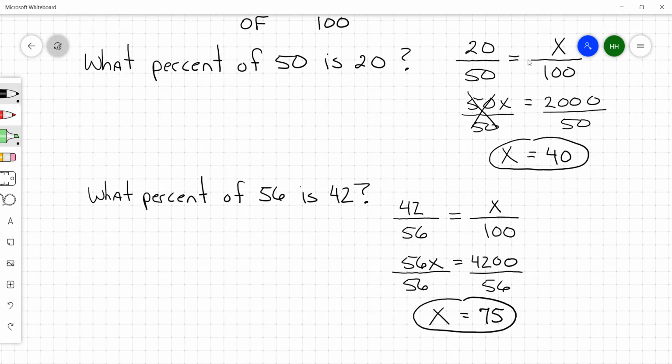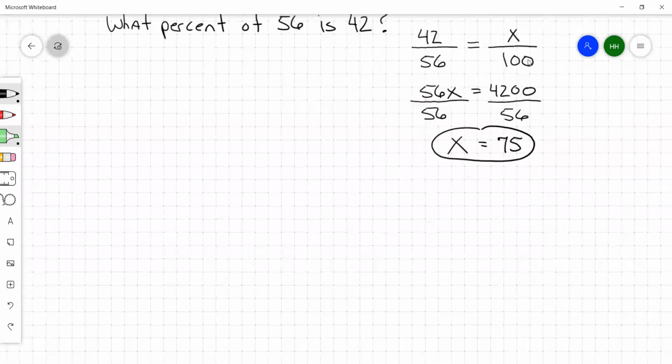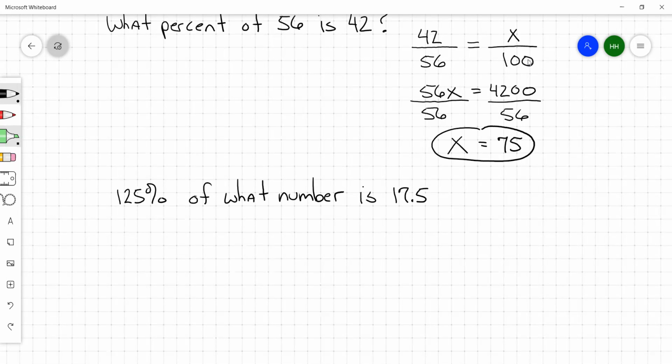All right, let's try this problem. 125% of what number is 17.5? A little different question now.